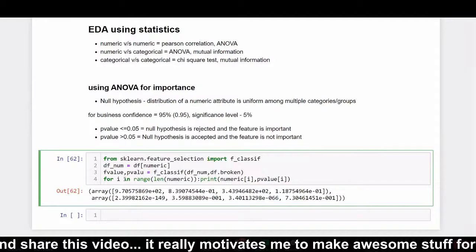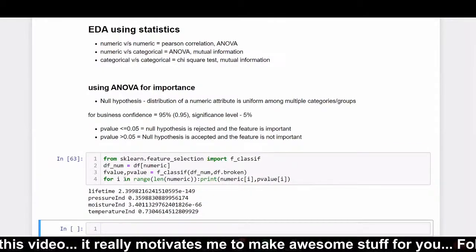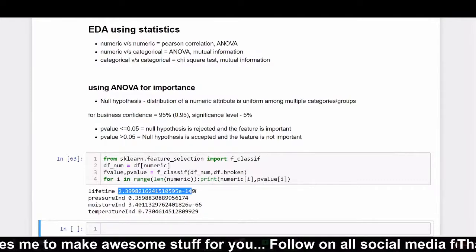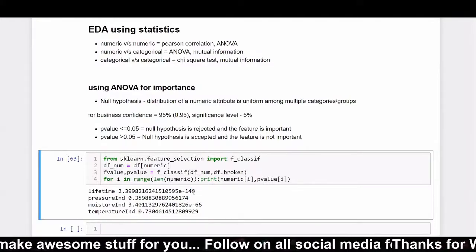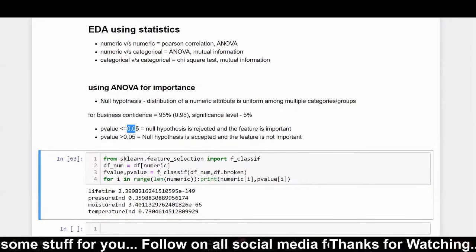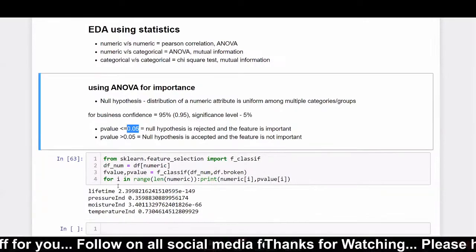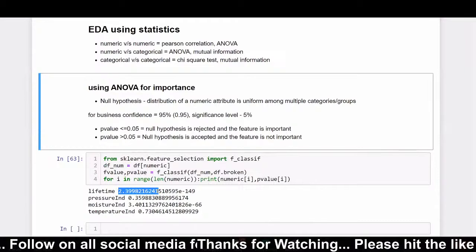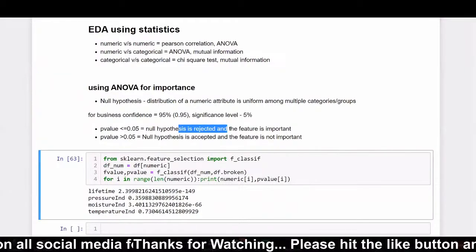So we got p values for lifetime, pressure, moisture, and temperature, and we can see that this is 2.3 times 10 to the power minus 149, which is lesser than 0.05. So for lifetime, the p-value is lesser than 0.05, the null hypothesis is rejected, and the feature is important.